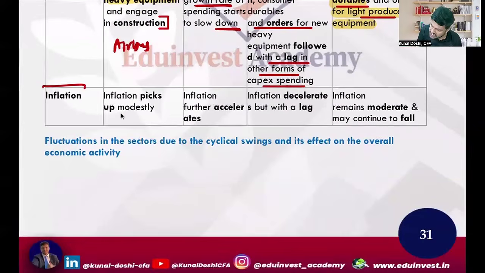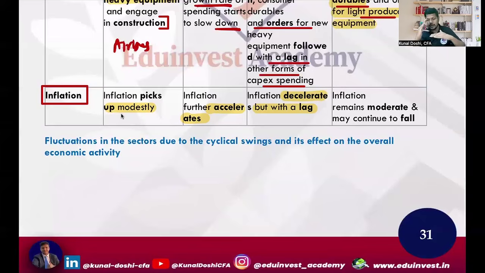The last is inflation. Inflation is also a lagging indicator. So inflation has a very interesting story. When the economy is expanding, inflation is also modestly expanding, accelerating when it reaches peak. But when the economy is in recession, it is not falling badly. It is decelerating, but with a lag. As I said, it's a lagging indicator. So you will see the repercussion of inflation not exactly with the business cycle.